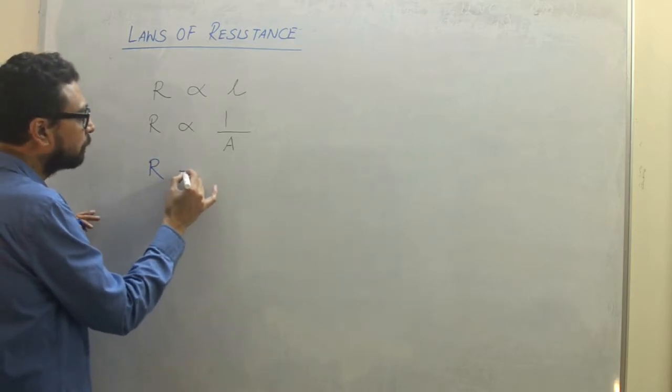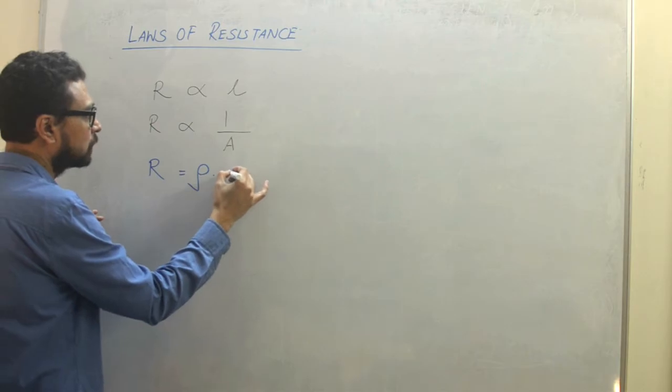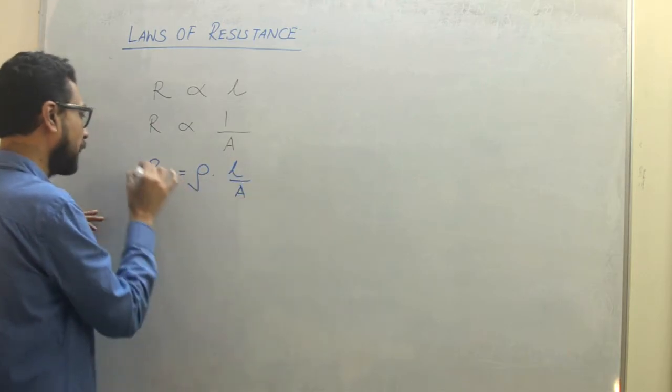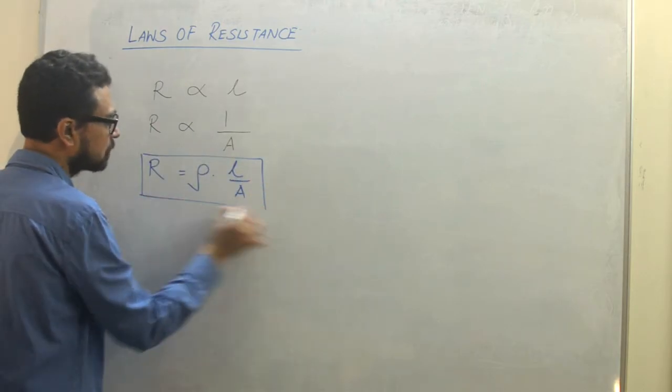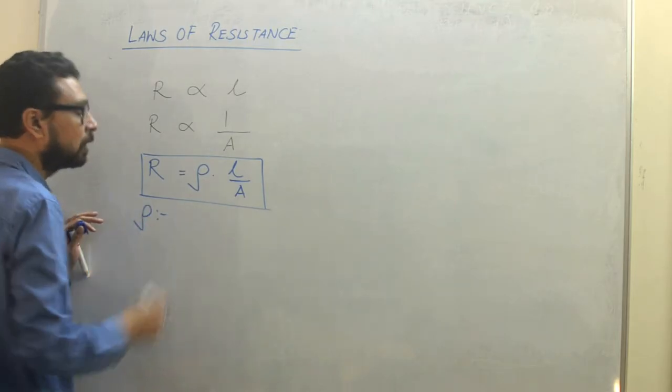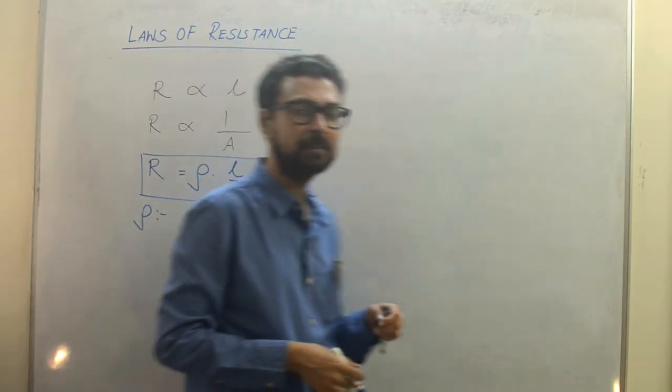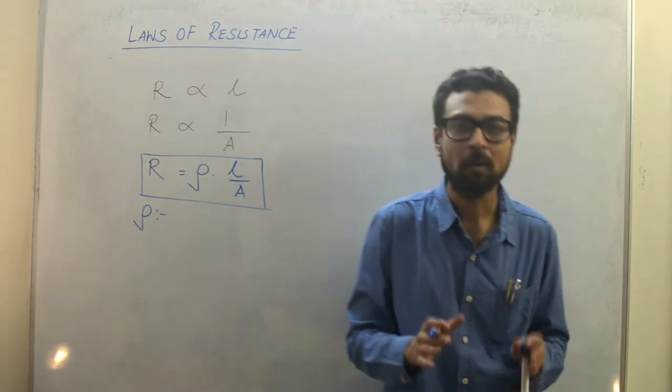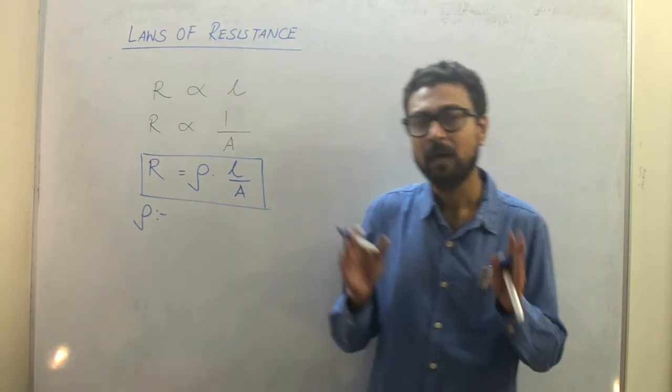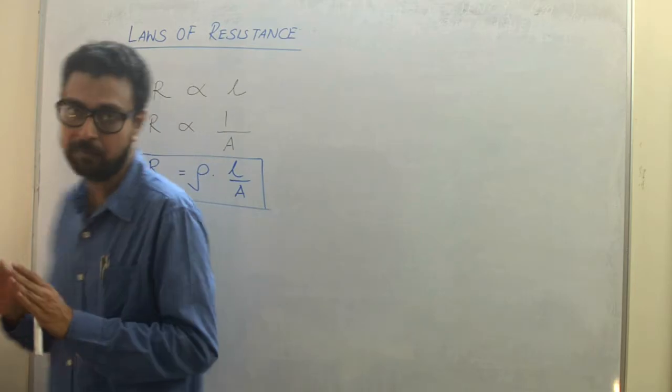We can bring in a constant called rho, combining these two, and this symbol rho is a very specific property of a conductor, and it is called resistivity. This is a very interesting fact.